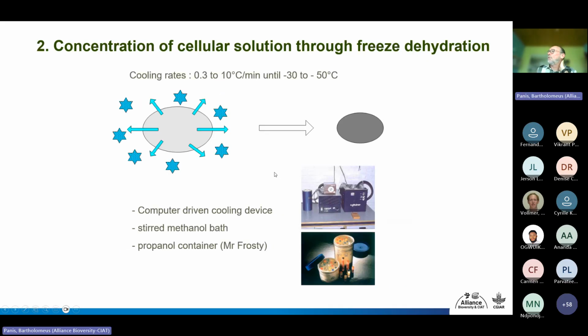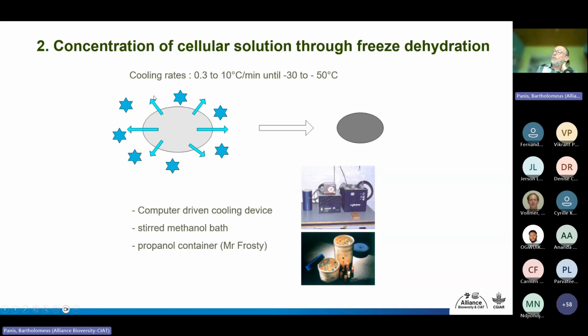Second method to concentrate your cell solution is using slow freezing. So this might sound a bit contradictory to what I said before. You have to use fast freezing rates, but this slow freezing rate is in fact there to dehydrate your cells. So I will explain. Again, this is your hydrated cell.